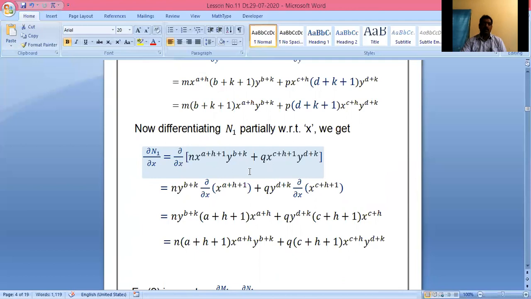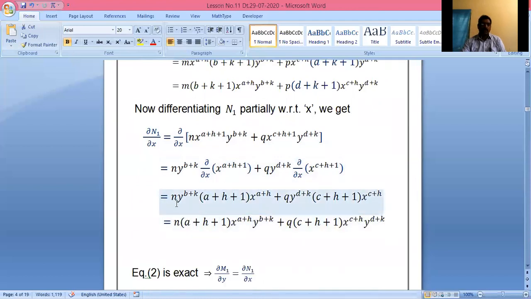Therefore, in the first term, n y^(b+k) is constant, so it can be written as n y^(b+k) ∂/∂x of x^(a+h+1). In the second term, q y^(d+k) is constant, so q y^(d+k) ∂/∂x of x^(c+h+1).